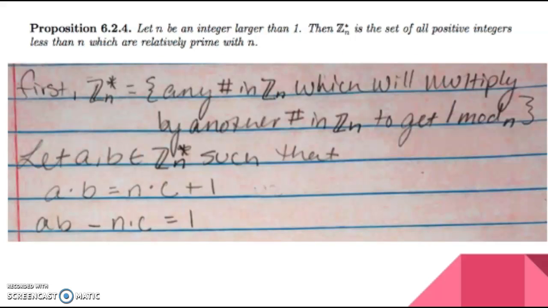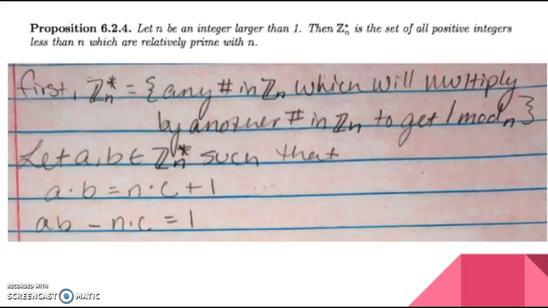First, we're going to use Definition 6.2.1, and we define the integers modulo n star to be any element of the integers modulo n which multiplies by another element in the integers modulo n to produce 1 mod n.